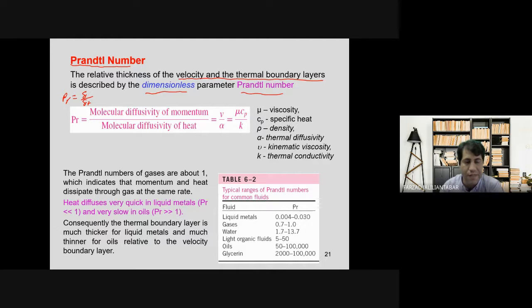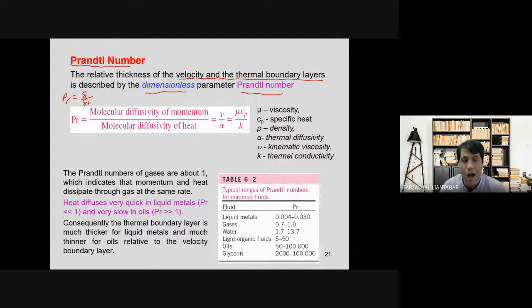In other words, delta means molecular diffusivity of the momentum: how momentum is distributed between molecules, how much is the rate of transferring the velocity from one molecule to another molecule in the fluid.